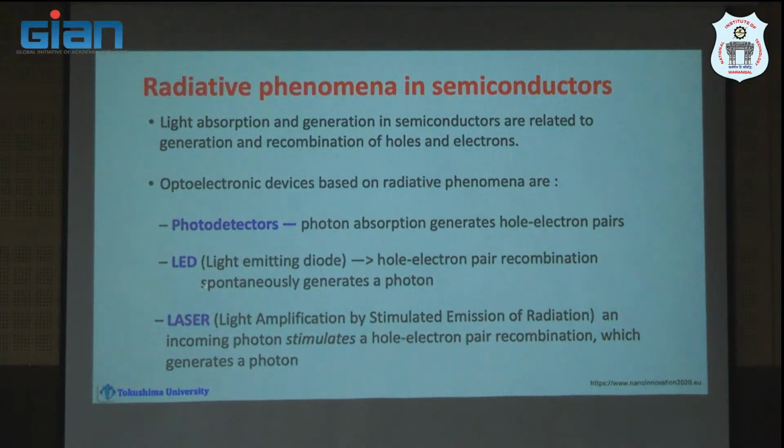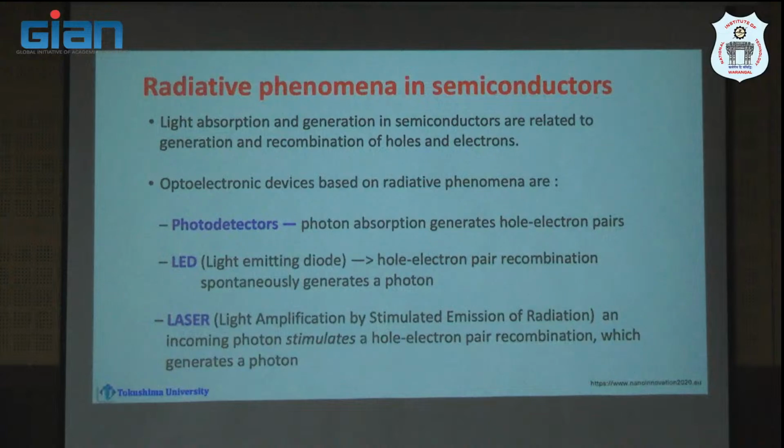In the case of a light emitting diode, hole electron pair recombination spontaneously generates a photon. And in the case of a laser, I think you already know what laser means. Laser stands for light amplification by stimulated emission of radiation.